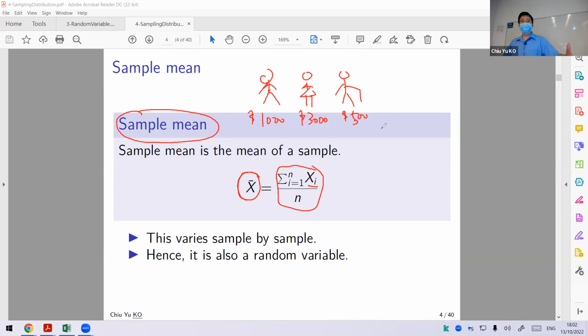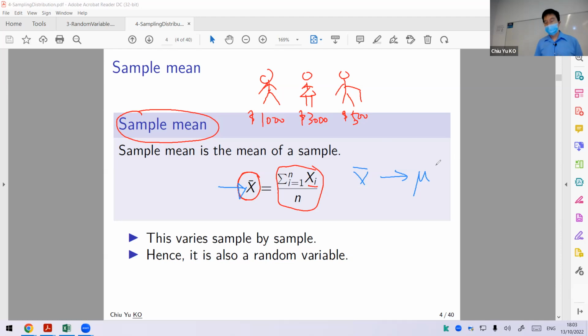Probably later, in the next topic, you will see why we focus on this sample mean, why we care about it. Probably next week, we will say this x bar we use to estimate the mu, which we want to know. We want to know the actual income in the population. But unless we have so many resources to ask every single one, otherwise we have to rely on a sample. Then we will use the sample mean as an estimate of the population mean.